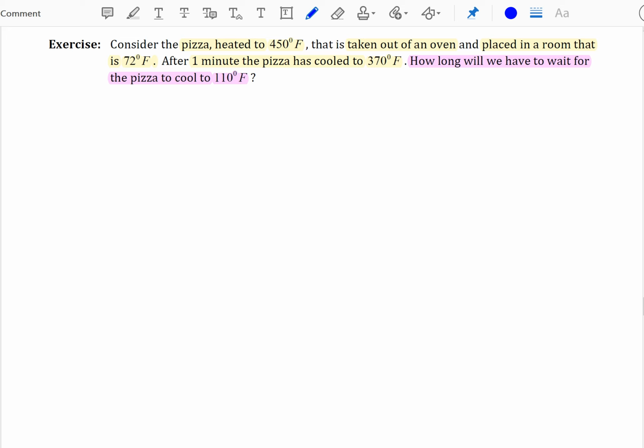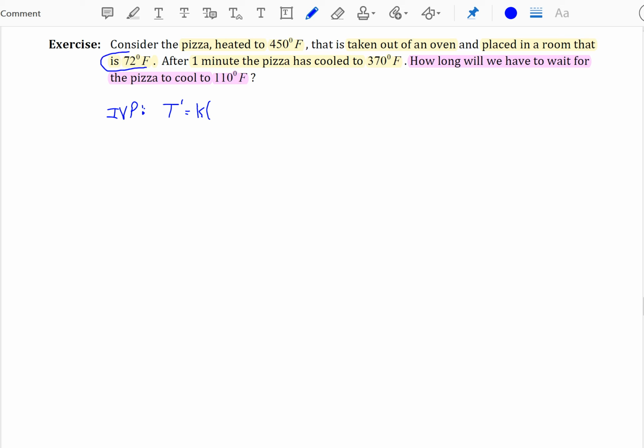Let's start by writing our initial value problem, our IVP. Newton's law of cooling says that the rate of change of the temperature, T prime, is proportional to the difference in the ambient temperature and the object's temperature.